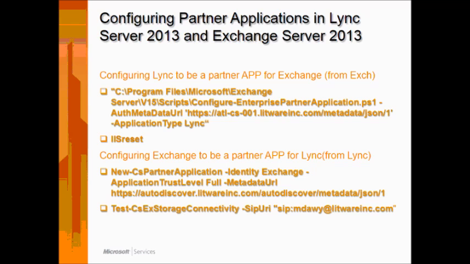You run this PowerShell using these parameters: metadata URL, where you point to your Lync Server front-end pool name plus metadata/json/1, and application type, dash ApplicationType Lync. Here you tell Exchange Server about a new partner application that it should trust and can use authentication with, you point to the location of this application, and the type of application is Lync Server.